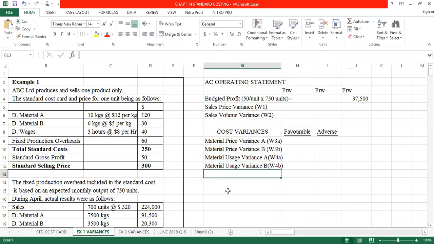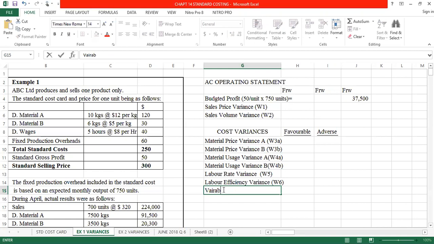Next, labor rate variance, working 5. Next, we have labor efficiency variance, working 6.